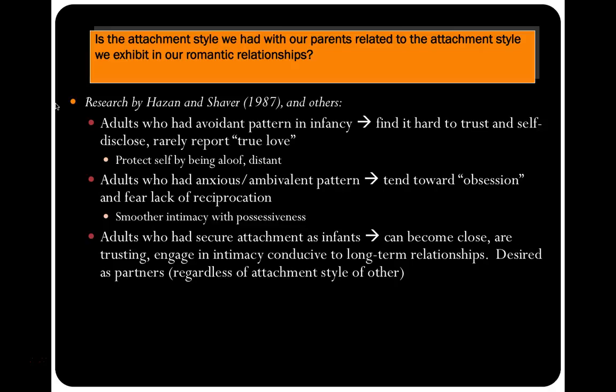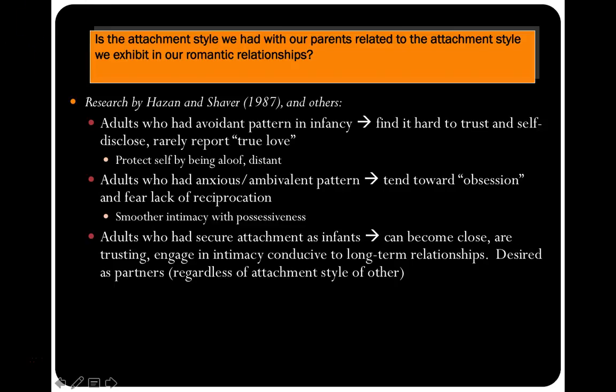In many cases, they tried to contact siblings, parents, and others to establish whether there was an avoidant pattern in infancy, an anxious ambivalent pattern, or a secure pattern. Then they looked at their behavior, opinions, and characteristics as adults.